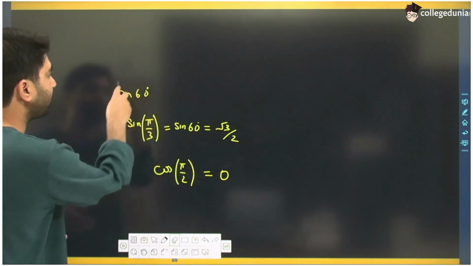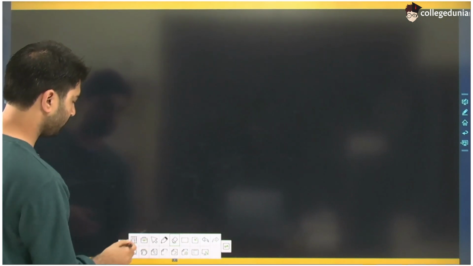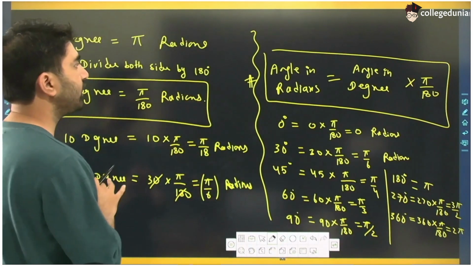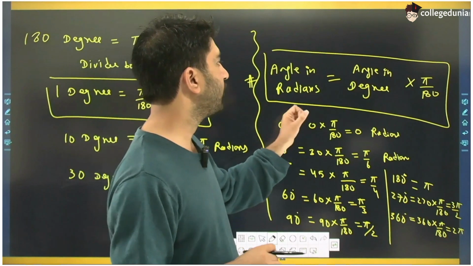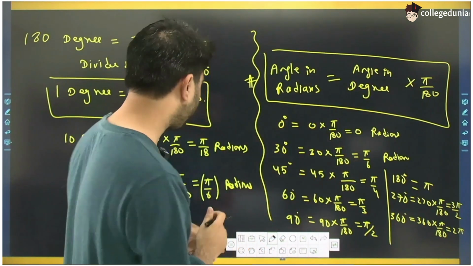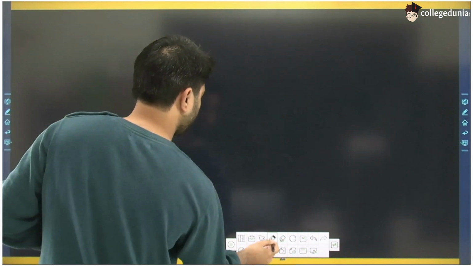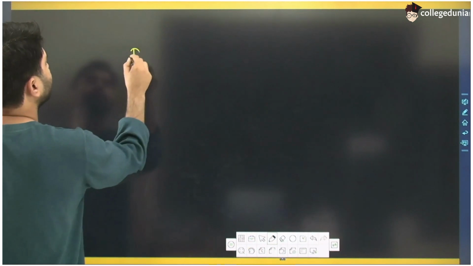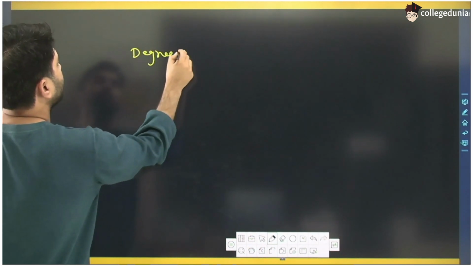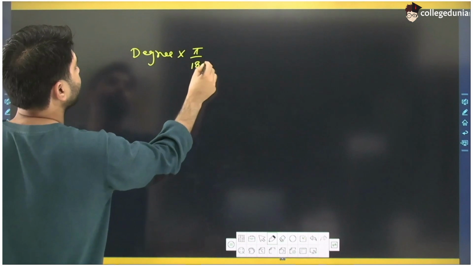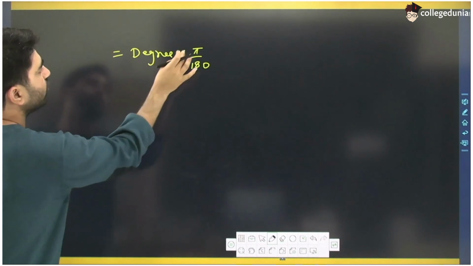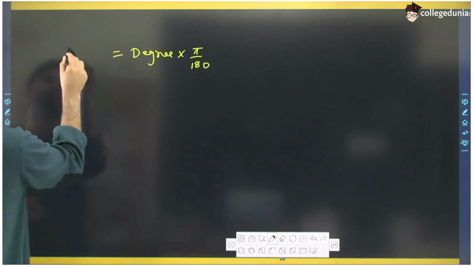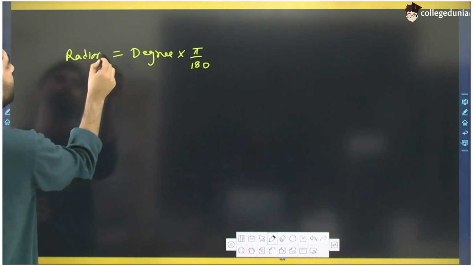Okay, so guys, this is the method of converting an angle from degree to radian. So the formula to convert degrees into radians is degree into pi by 180. The answer will be in radians.